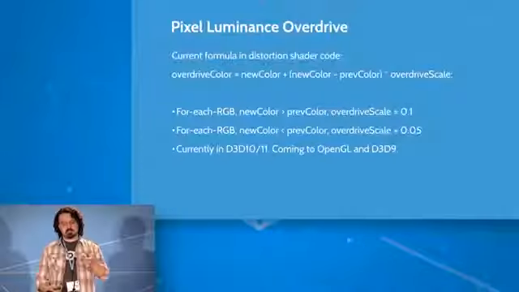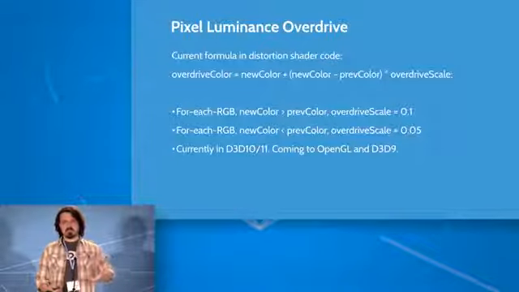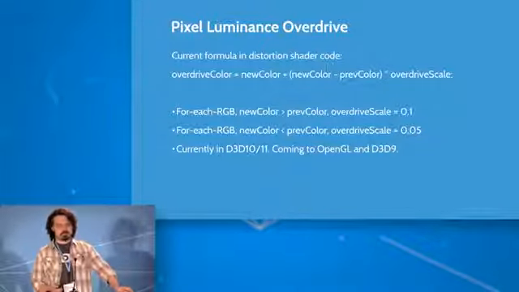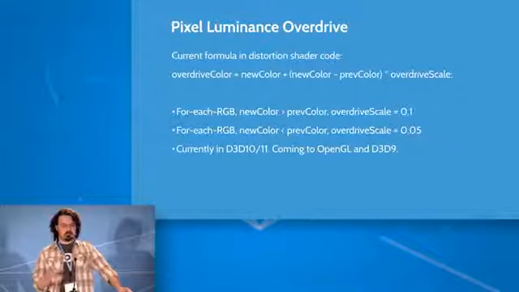Now, in our shader, this is basically implemented with a relatively similar code as shown, and basically we're applying an overdrive scale, where in this case the overdrive scale roughly is about 10% when the colors are rising and 5% when the colors are going down. And this is currently implemented in DX 10 and 11, and we'll be bringing it over to OpenGL and D3D real soon as well.